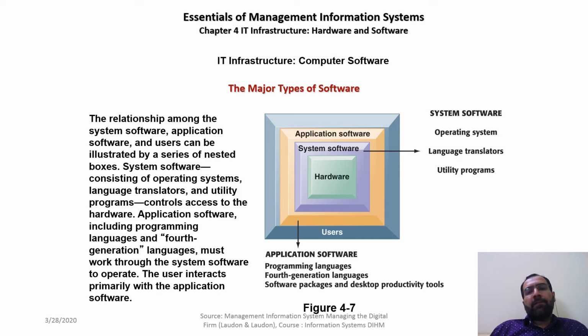We have fourth generation languages, which are also called very high level languages, where we can build programs and integrate them into our systems and have solutions for our problems.